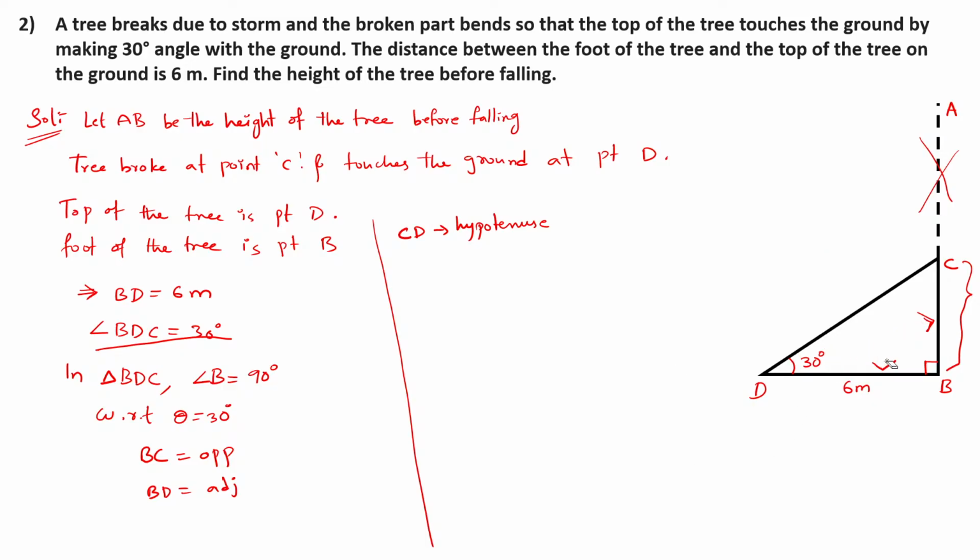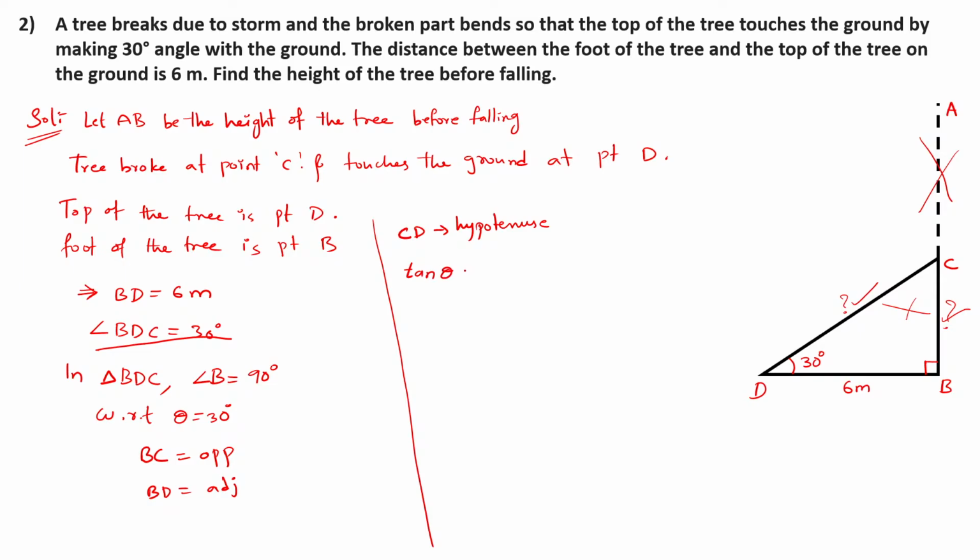Here you remember these things. We need to find the length of BC, this length as well as this length. If we find the lengths of the hypotenuse and this opposite side, then if we add both of them, we get the height of the tree before falling. This is the most important point to remember. So now apply the tan ratio.